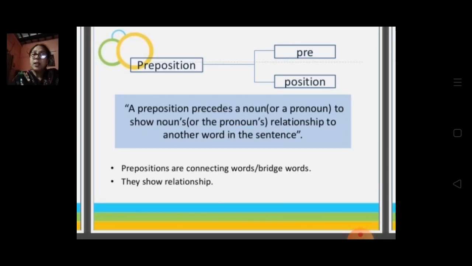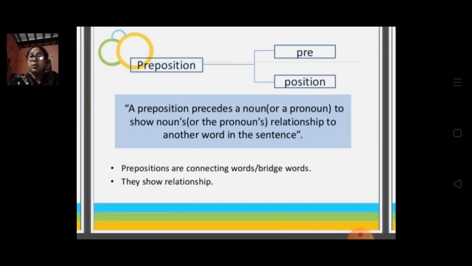Suman ran down the corridor. I am going to office now. He walked into the room. Nora is walking towards the park. The cat jumped onto the roof of the house. So these are all examples of preposition of direction.